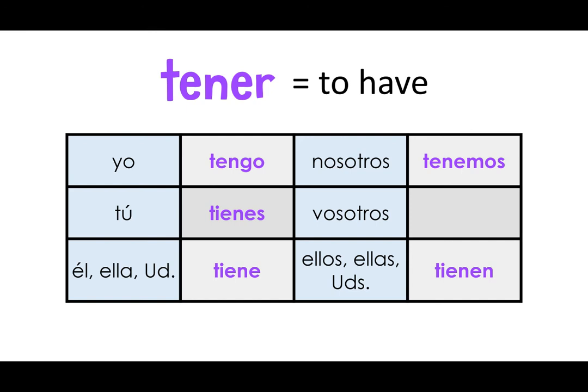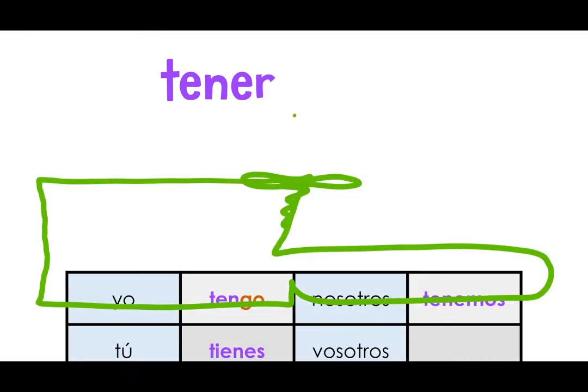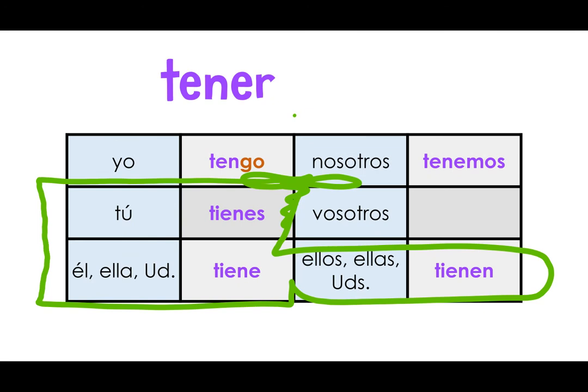This is the chart for tener. Yo tengo, tú tienes, él, ella, usted tiene, nosotros tenemos, vosotros tenéis, and ellos, ellas, ustedes tienen. So there it is. I kind of drew in a modified boot and emphasized the tengo part of it. To have. It is a modified boot.